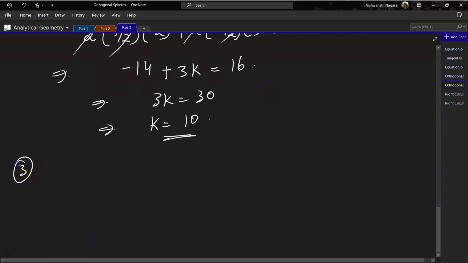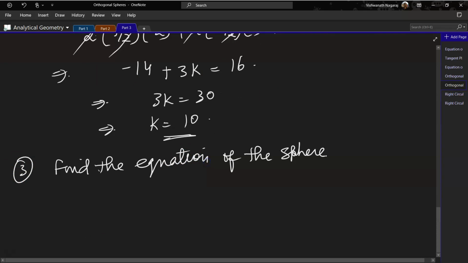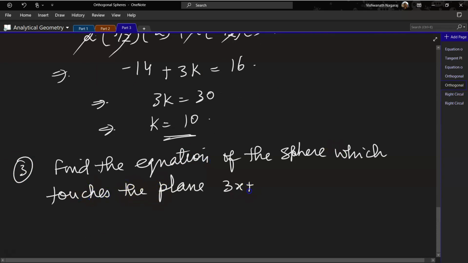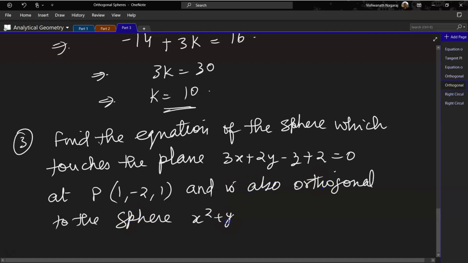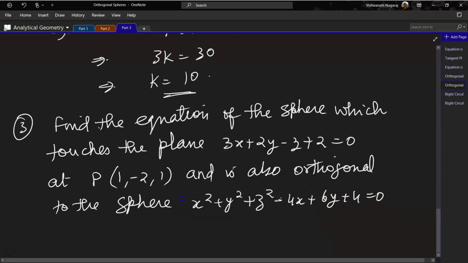Okay, let's do the third problem. Find the equation of the sphere which touches the plane 3x plus 2y minus z plus 2 equal to 0 at the point, let's say P (1, minus 2, 1), and is also orthogonal to the sphere x square plus y square plus z square minus 4x plus 6y plus 4 equal to 0.